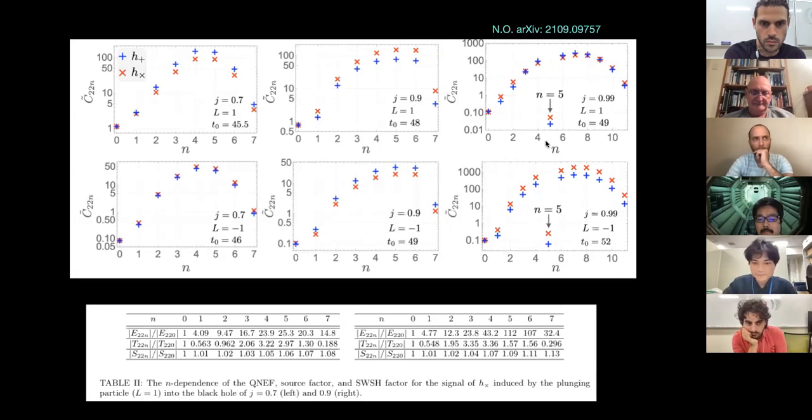Again, the excitation factor dominantly determines the importance of overtones, and other source terms are not so significant.